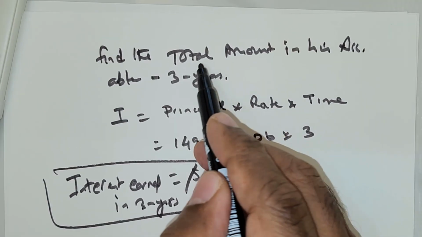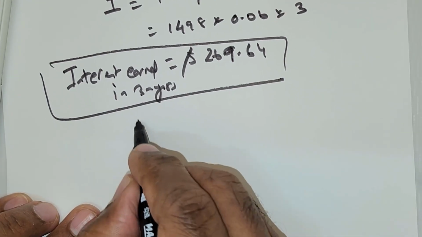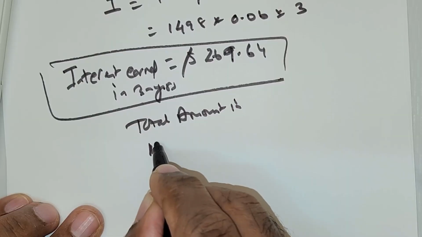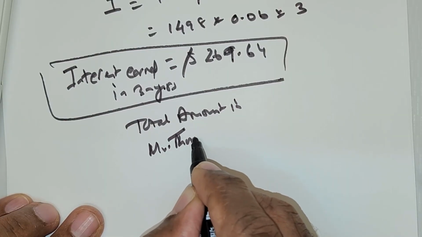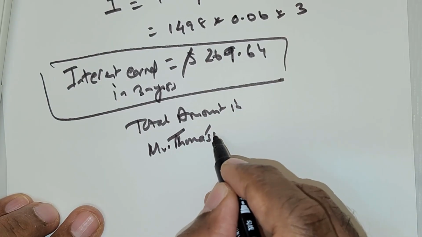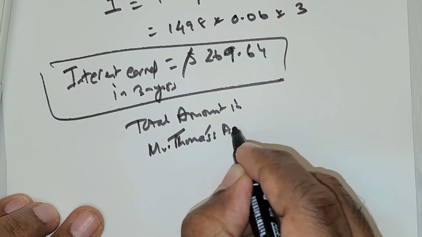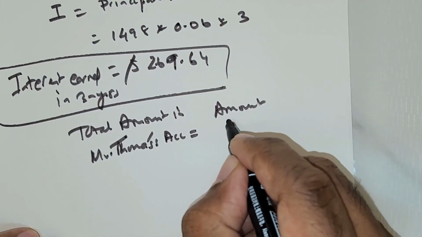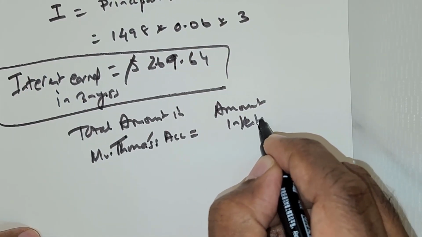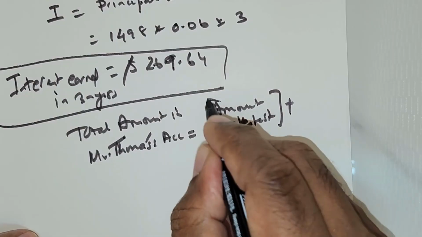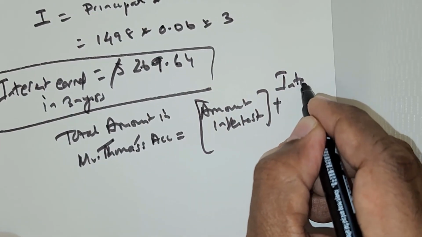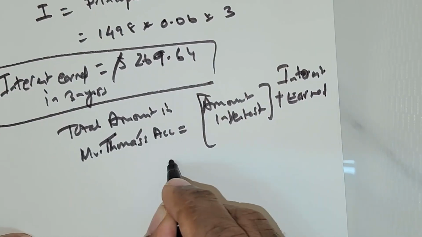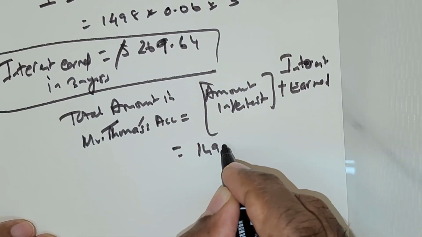But they're asking how much he has in his account. So total amount in Mr. Thomas's account is nothing but amount he invested plus interest earned. So what is the amount he invested? 1498.